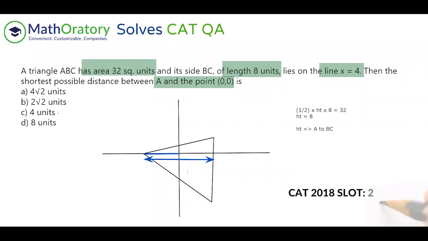The remaining part from the origin to the line BC, which is parallel to the y-axis, is 4 units.